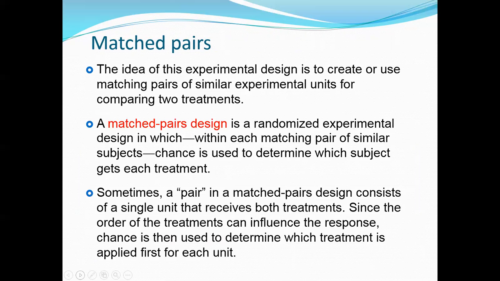Sometimes a pair in a matched pairs design consists of a single unit that receives both treatments. Since the order of the treatments can influence the response, chance is then used to determine which treatment is applied first for each unit.